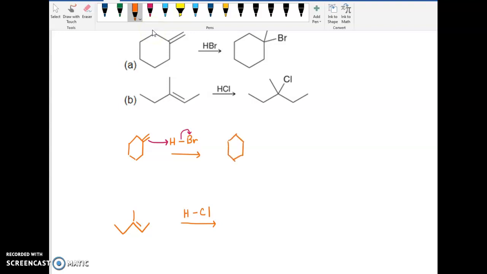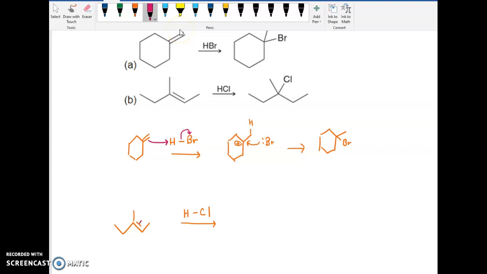Our intermediate looks like this. It's got a positive charge here, and the hydrogen we just added is here. Then our bromine is going to attack the carbocation, and we'll end up with this as our solution.